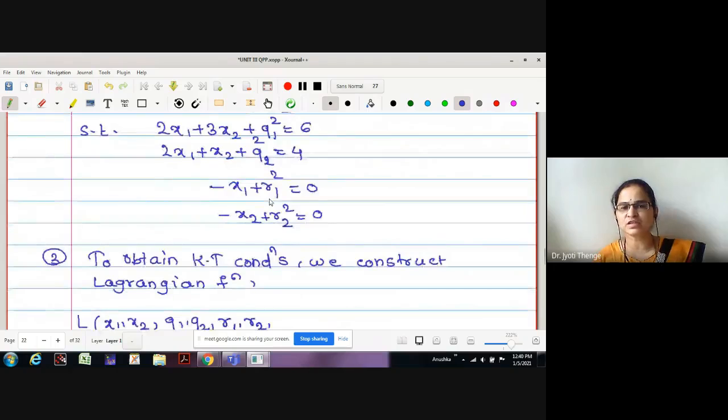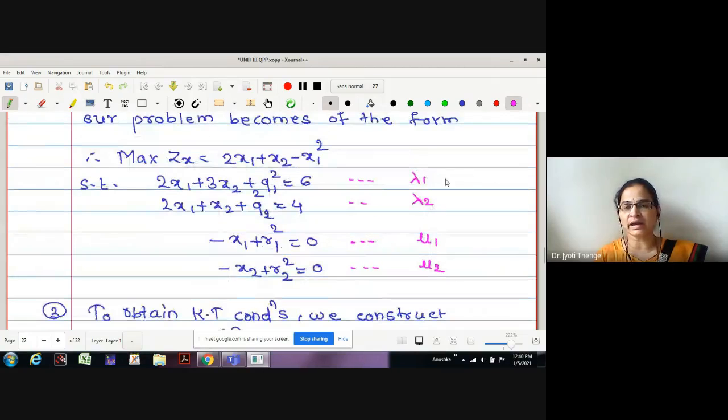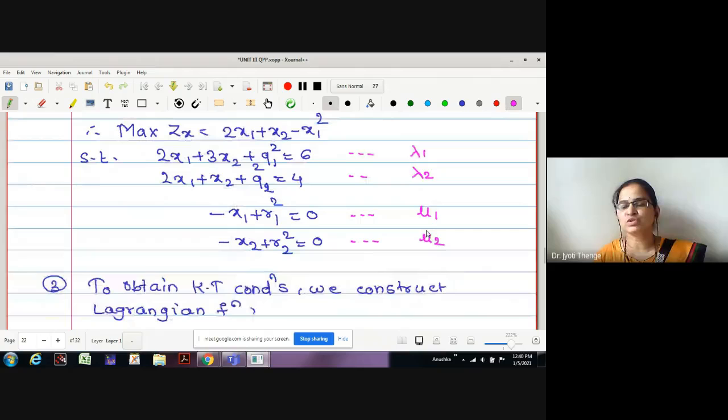How many Lagrange's parameters are necessary? For first, which Lagrange's parameter were we using? Lambda 1, no? For the second, lambda 2. For the third, non-negativity restrictions, we use mu1, mu2 respectively. Lambda i are the Lagrange's multipliers for the original constraints, and mu j are the Lagrange's multipliers we were using for the non-negativity restrictions.